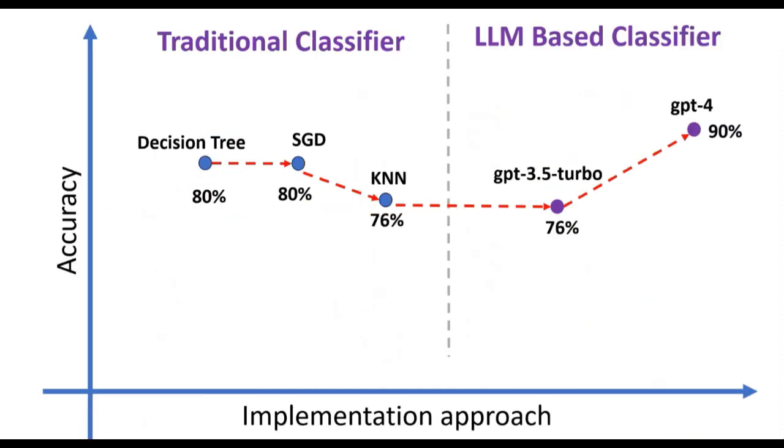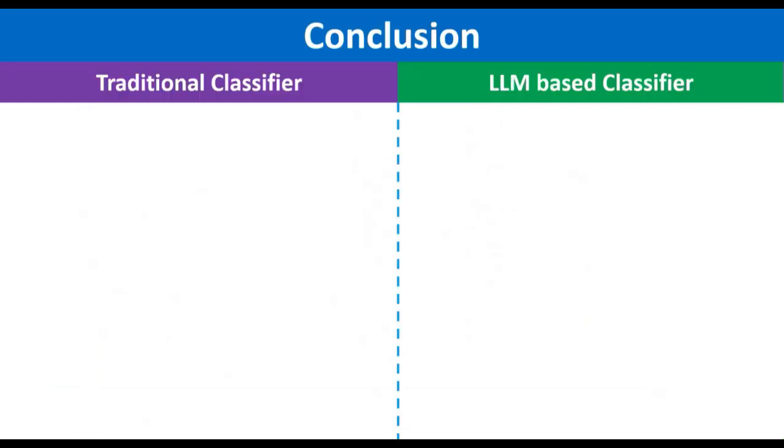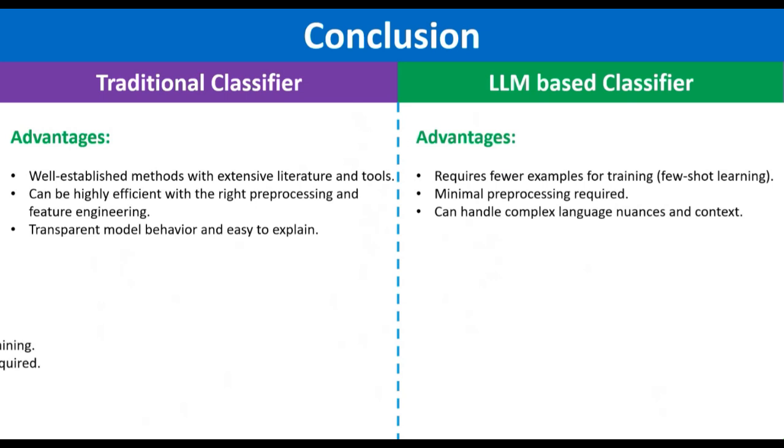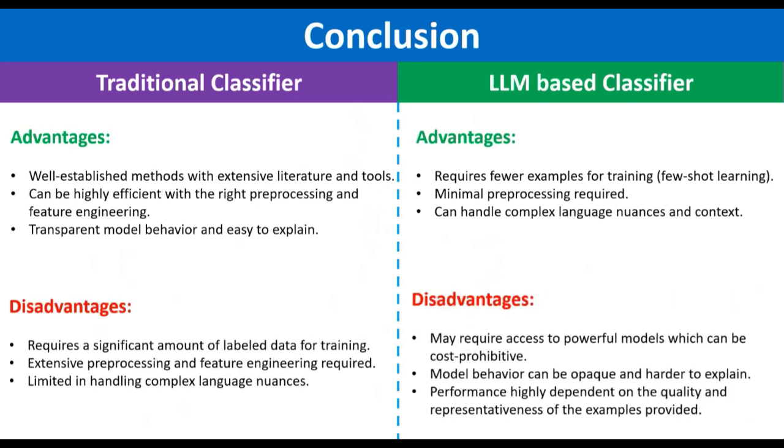Now, what we can conclude is that, this is the accuracy versus implementation approach. So you can see the traditional classifier versus LLM based classifier for our sample data set. So to conclude, the traditional classifier versus LLM based classifier, this is what we can say. These are some of the advantages, and these are some of the disadvantages these different approaches have.